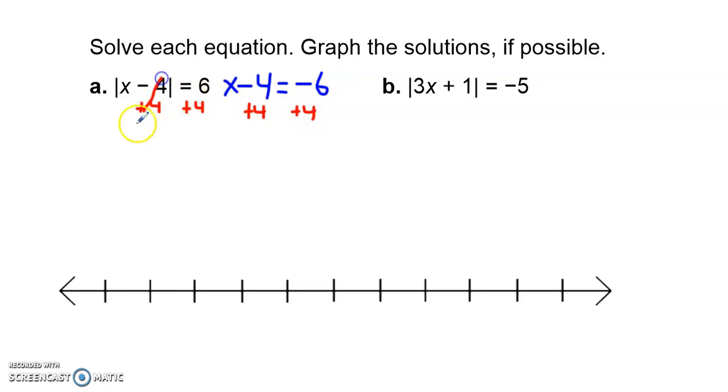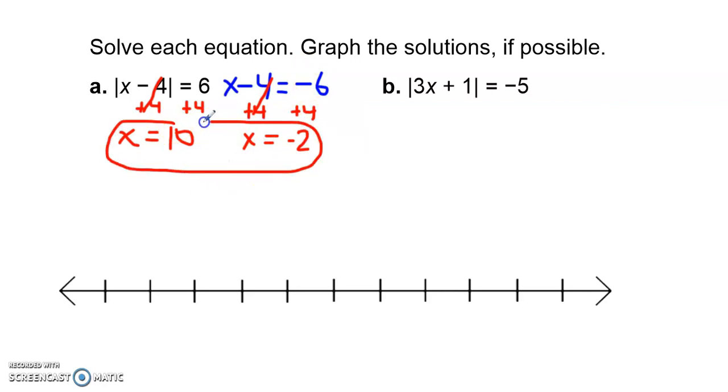So that cancels and leaves us with x equals 6 plus 4 is 10. Over here that one cancels and we have -6 plus 4 is -2. So our answers are 10 and -2.